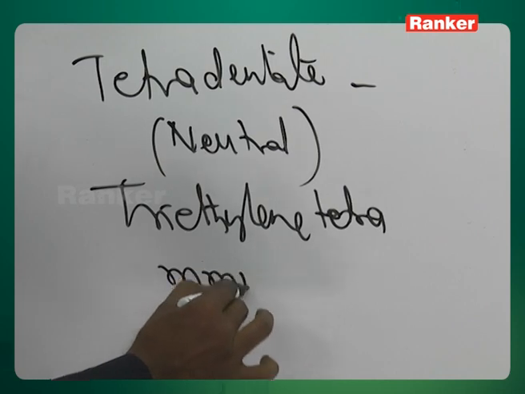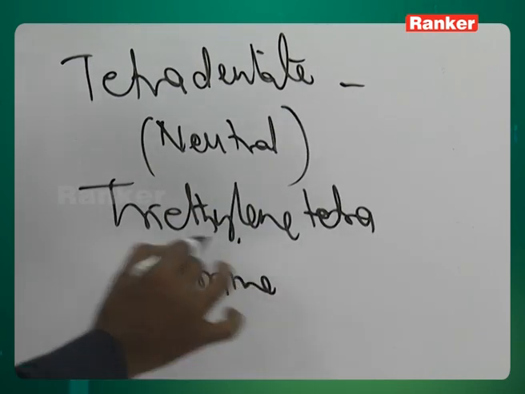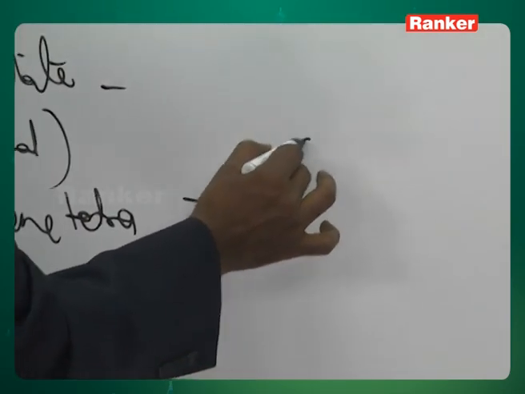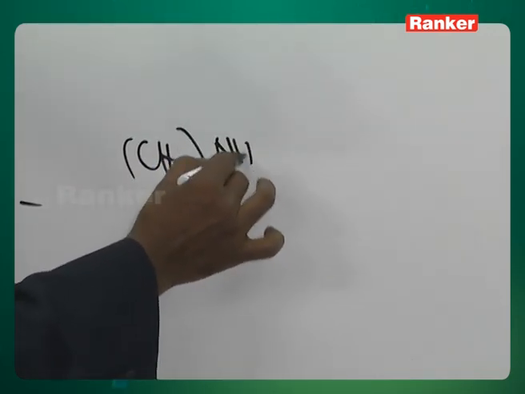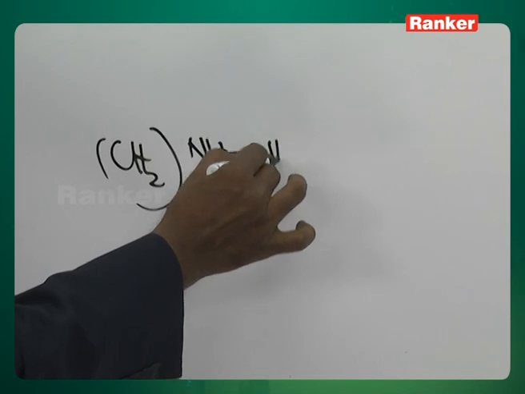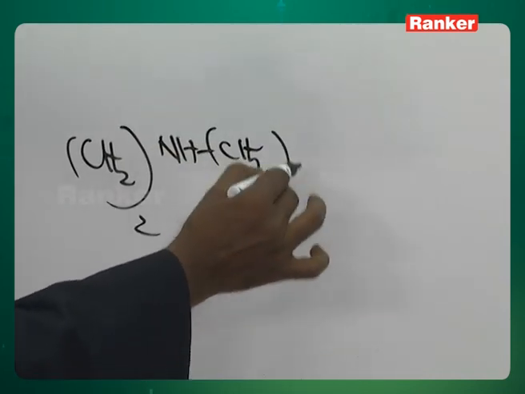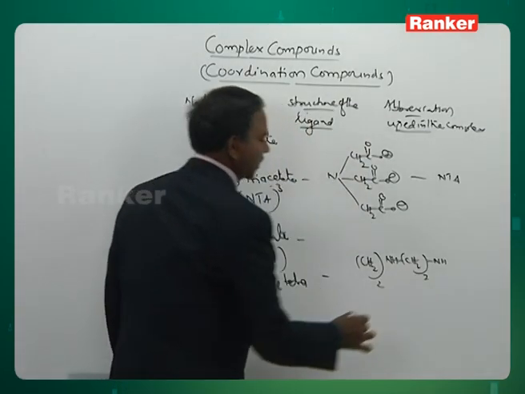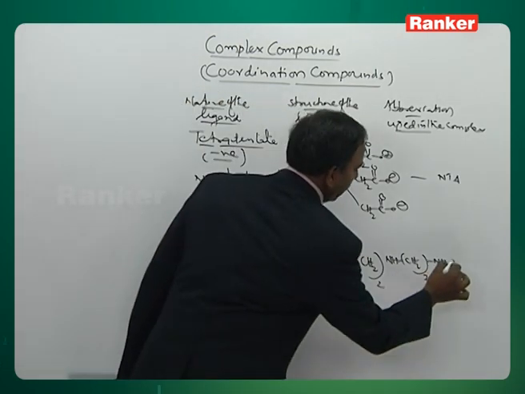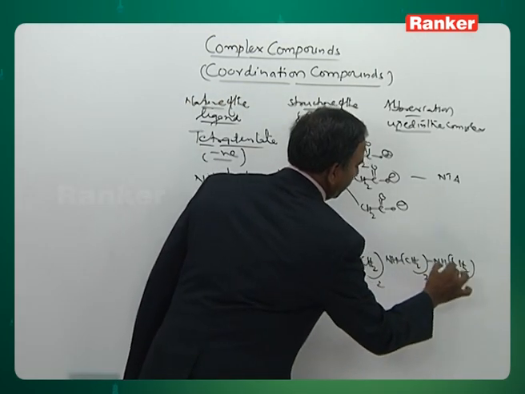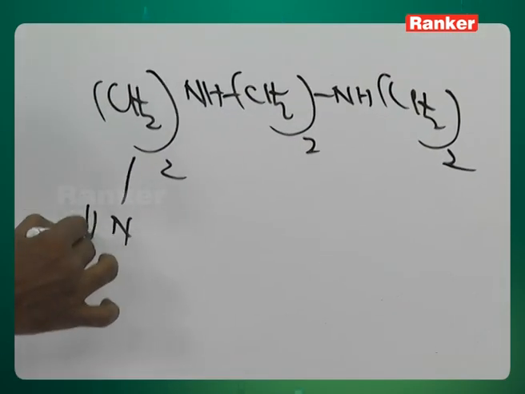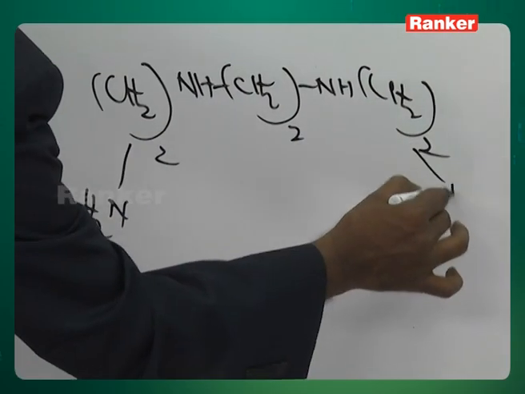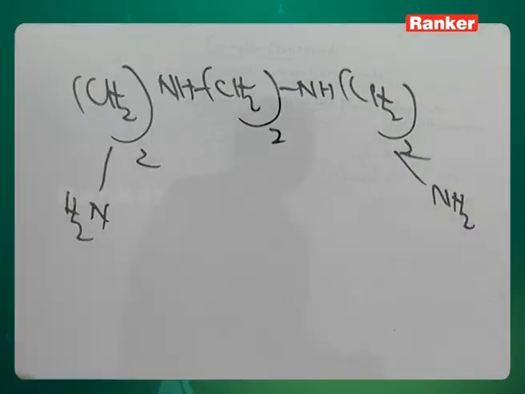CH2 taken twice, first ethylene, NH, second ethylene CH2 taken twice, NH. I said triethylene, so one more ethylene group with CH2 taken twice. There are 4 amine groups, therefore it is triethylene tetramine.